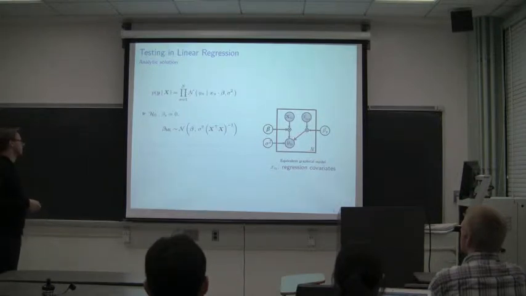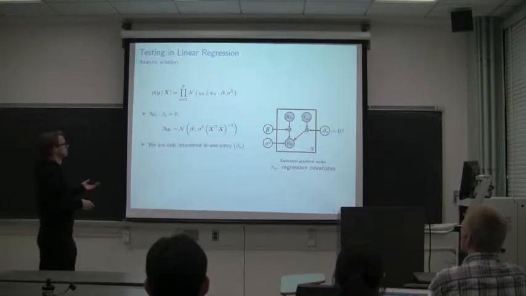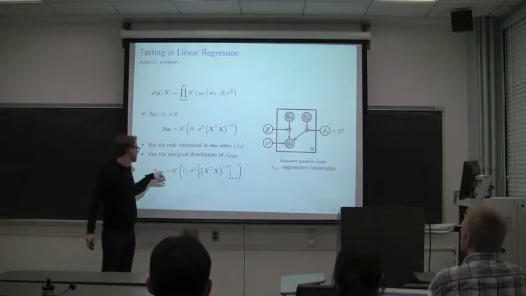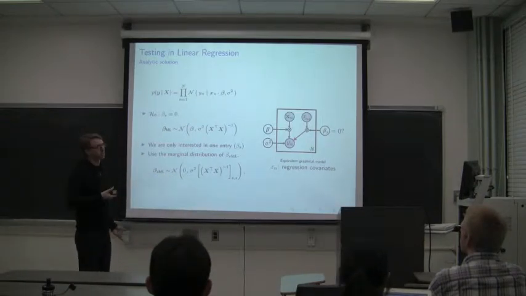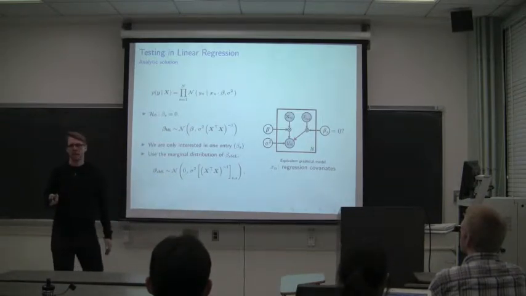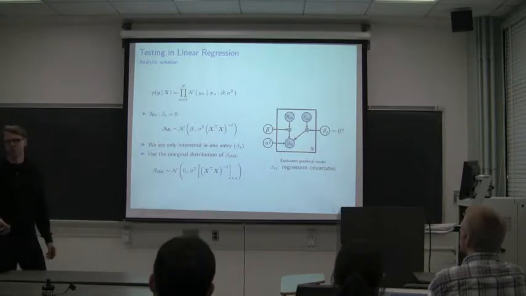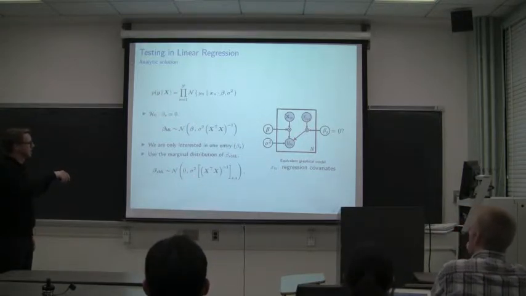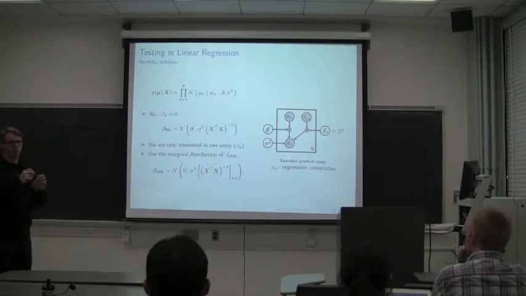Because we are only interested in one entry of the betas, we can also just write down the distribution of that one beta, and that we do by using marginalization. In a multivariate Gaussian distribution, we can marginalize if we only look at that one entry of the mean, which is 0, because it's beta s, and the corresponding block of the covariance matrix, which in this case is one diagonal element.